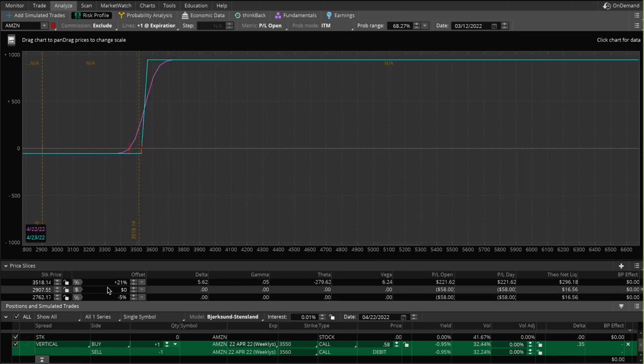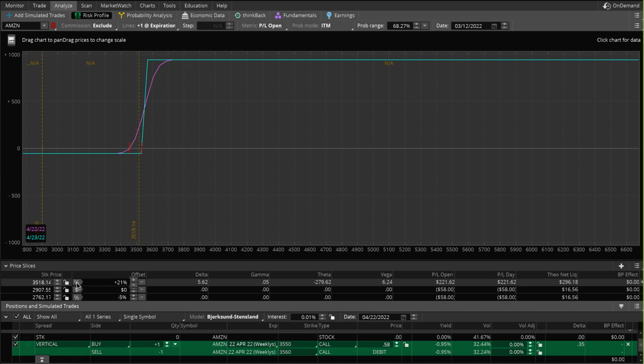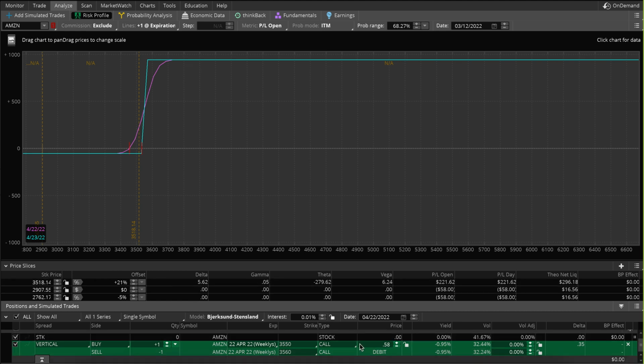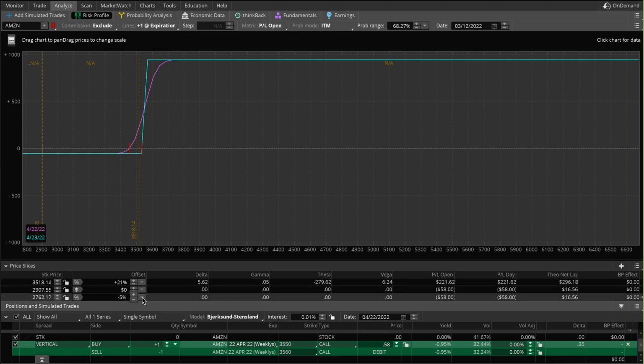So first thing we want to see is how much would our spreads be worth? Before we even do that, let's look and find out what the max profit potential of the spread is, since we're coming to know that it does have a limit, right? Well, if you look here, the spread that we bought would be buying for $58 a pop.